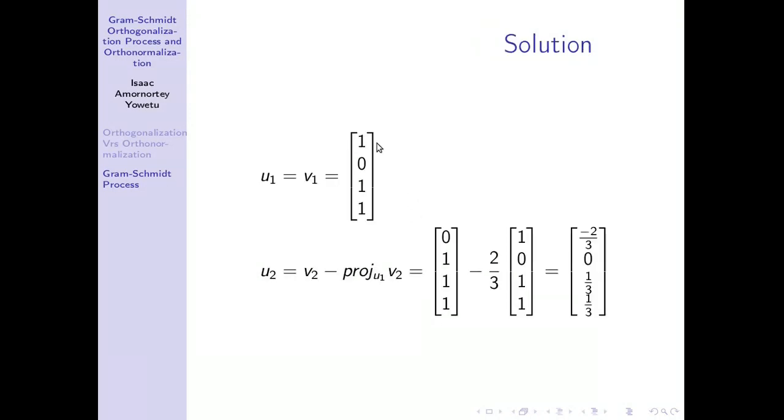So like we have done in the previous one, we first assign u1 to be equal to v1, and then we'll look at the projection of v2 onto u1, which eventually gave us this vector: negative 2 on 3, 0, 1 on 3, and then 1 on 3.